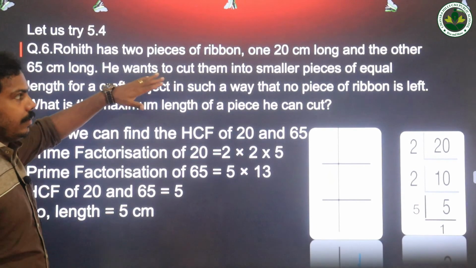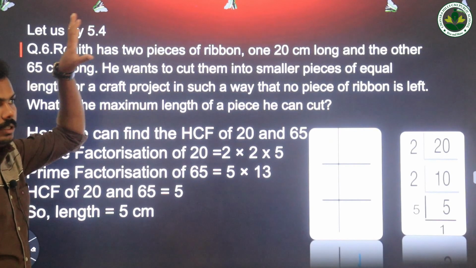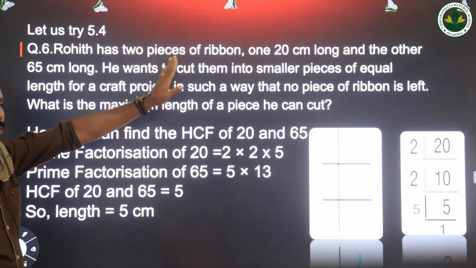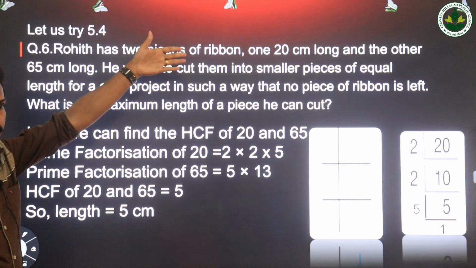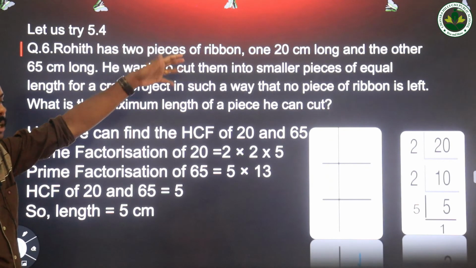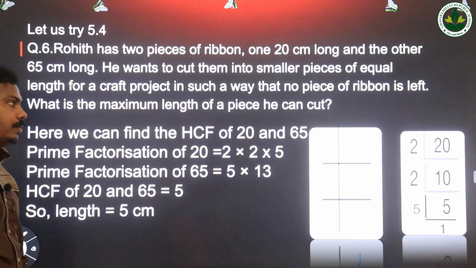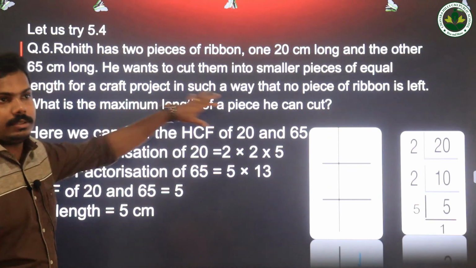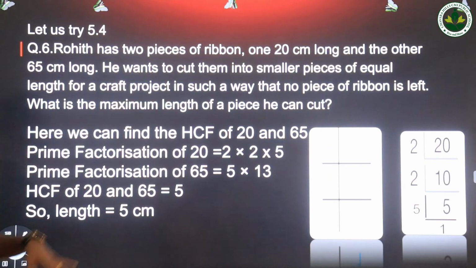He needs to divide them into equal parts, and we need to find the maximum length. Equal and maximum are the terms we use for finding the HCF. Here we need to find the highest common factor of 20 and 65.